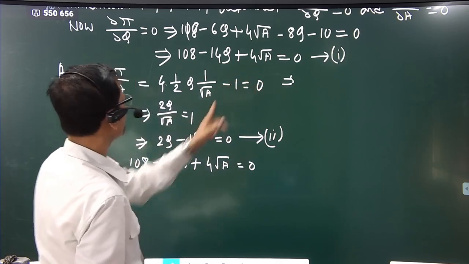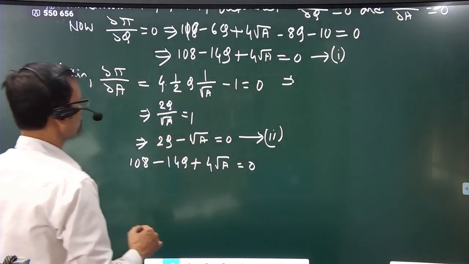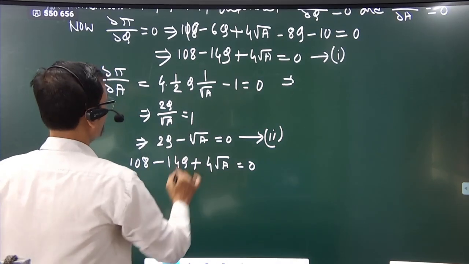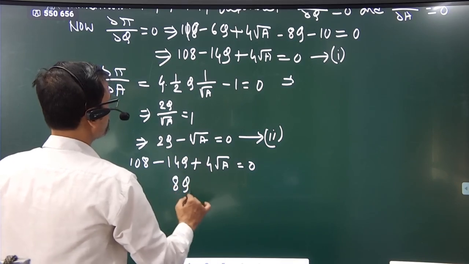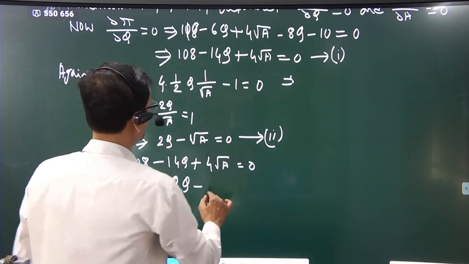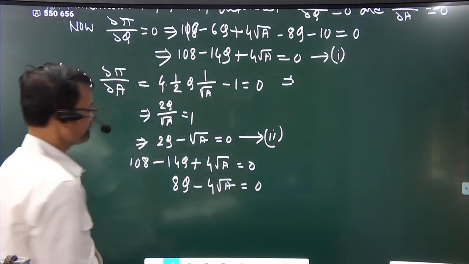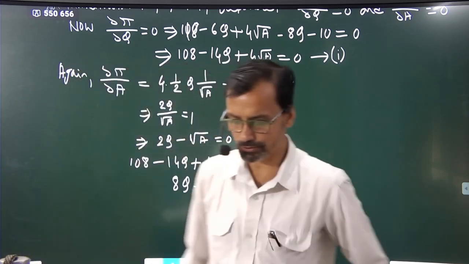Again, 4 is multiplied by equation 2, so we get 8Q minus 4 square root over A is equal to 0.